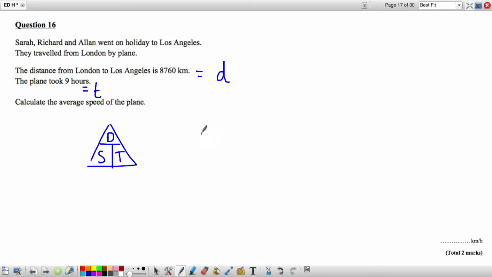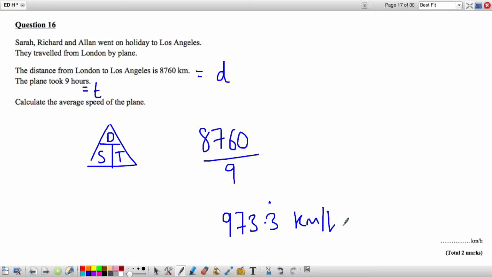We take our distance, which is in kilometres, divided by our time, which is in hours, to give us our speed of 973.3 recurring kilometres per hour. And we can express that as 973 1/3.